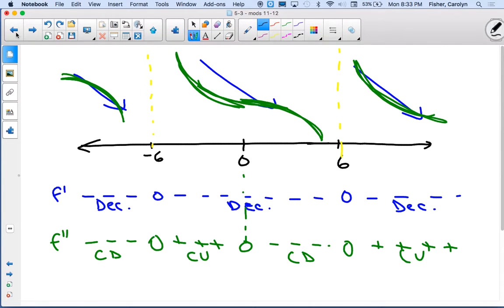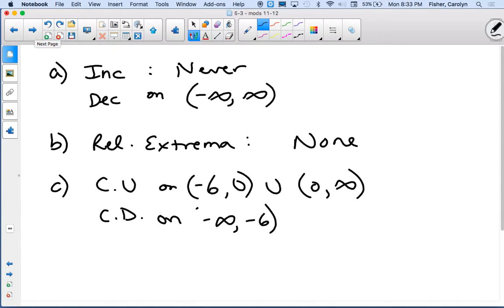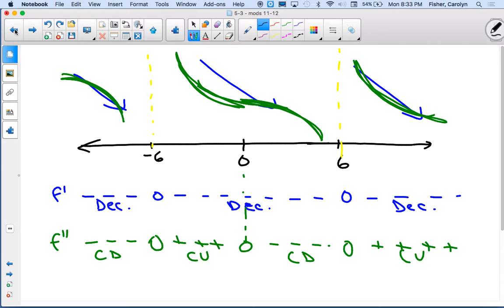Concave up was from -6 to 0, and then from 0 to infinity. -6 to 0, and 0 to infinity, and then concave down on -infinity to -6, and I think I messed that up again. Sorry, that was from +6. You really got to look at what you're doing here. I'm definitely screwing this up.